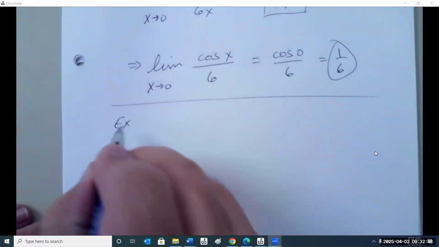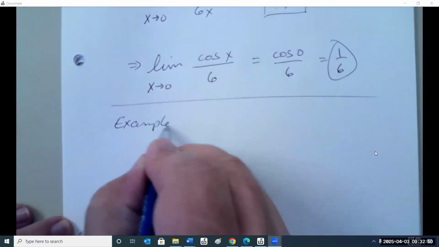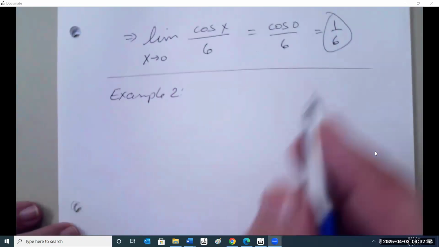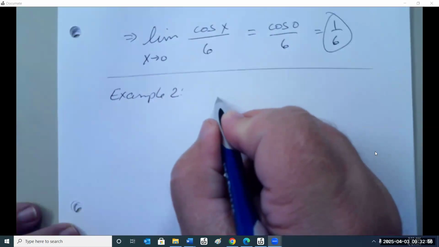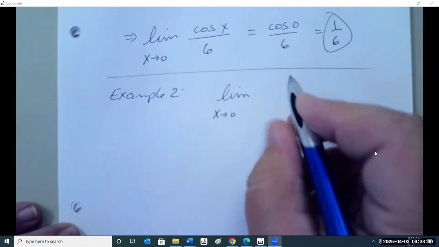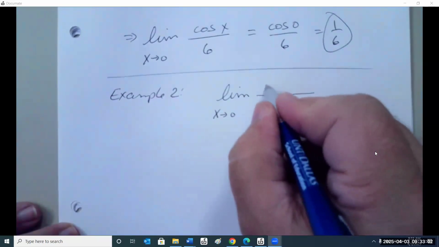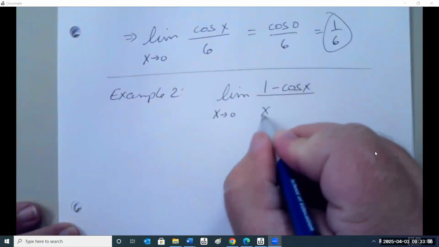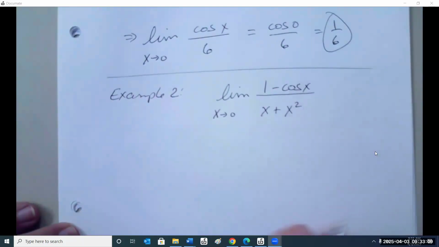Let's look at another one. The limit as x approaches 0 of 1 minus cosine x over x plus x squared.